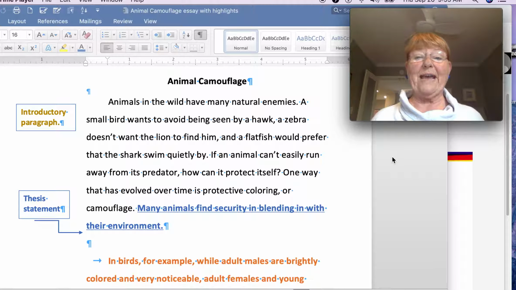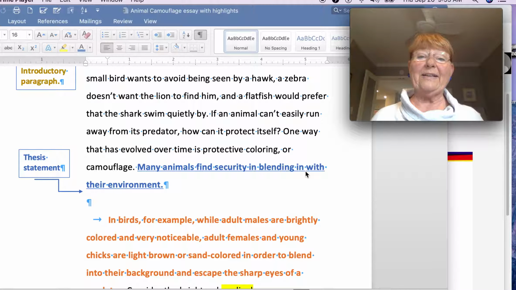The thesis statement is a statement that tells what the whole essay is going to be about. The thesis statement, just like a topic sentence, has 2 parts. Sometimes it can have 3 parts, but 2 parts. And that is the topic, what's this all about, and the controlling idea, what are you going to say about that topic?